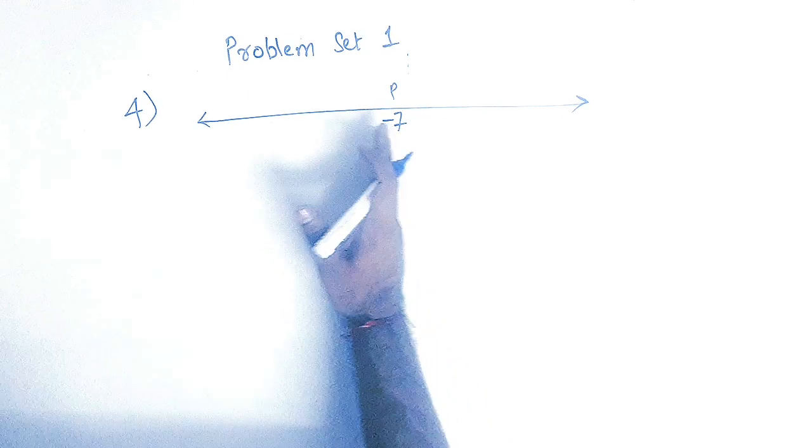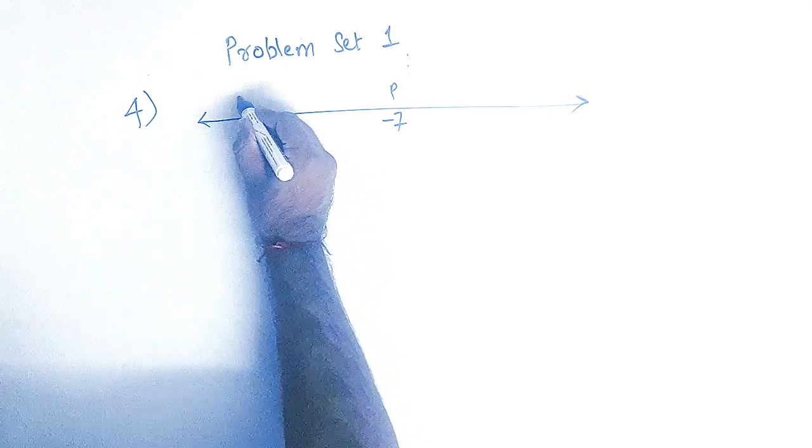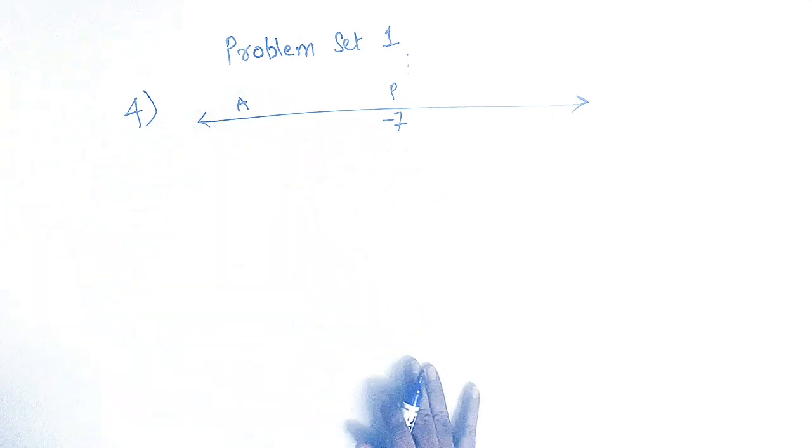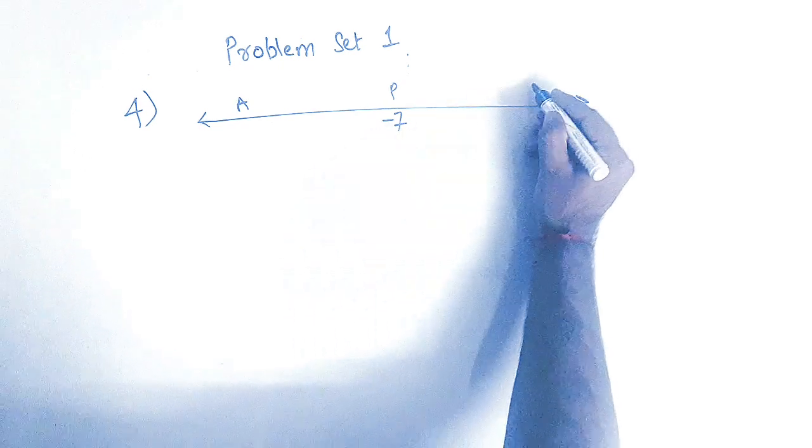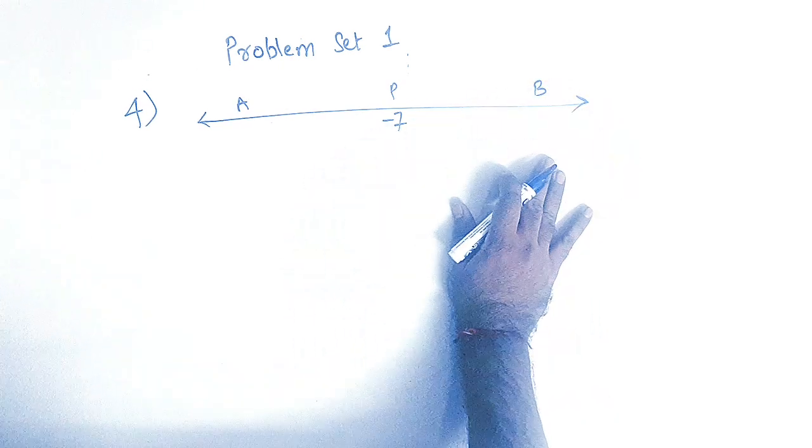Okay, so 8 units means to the left side also. Let me say A is to the left side and B is to the right side, means it is greater.